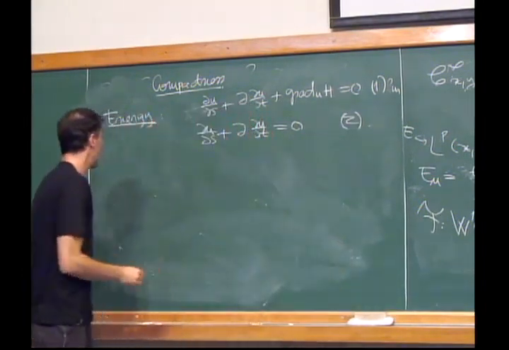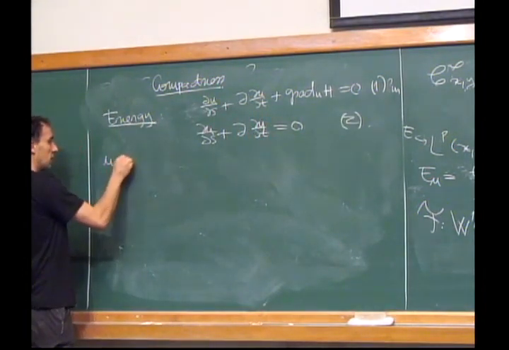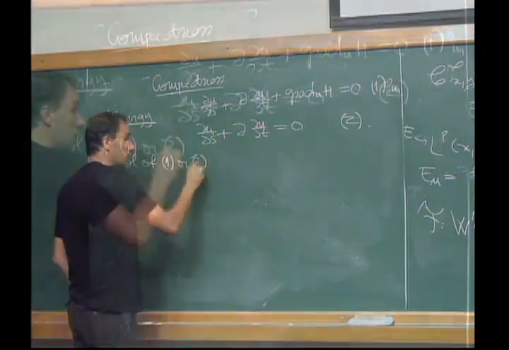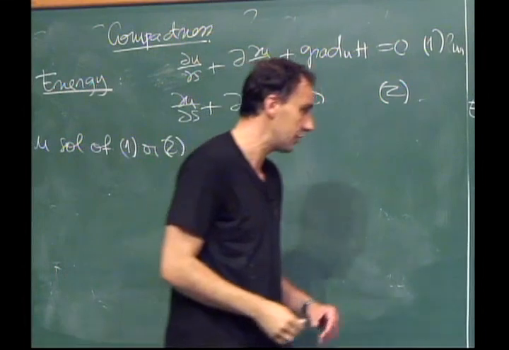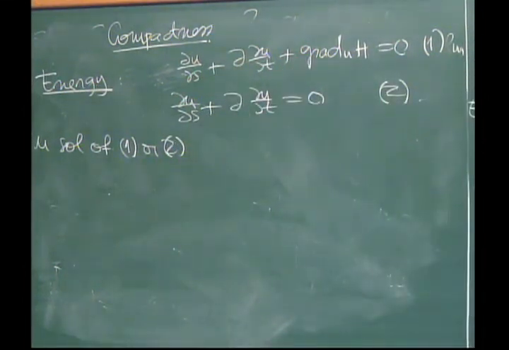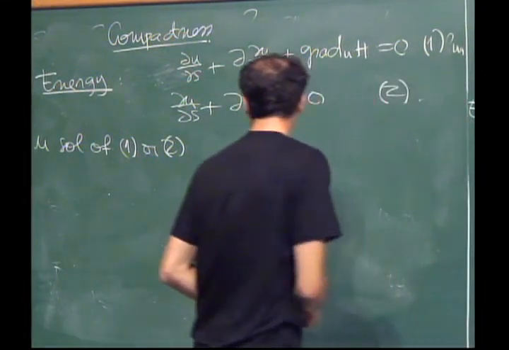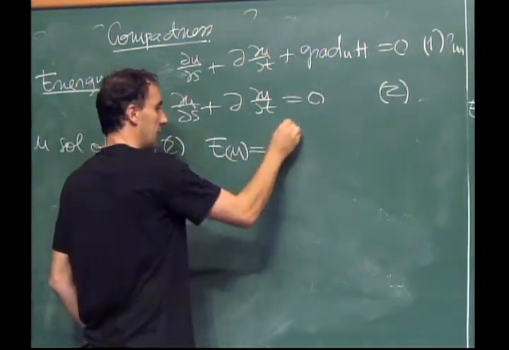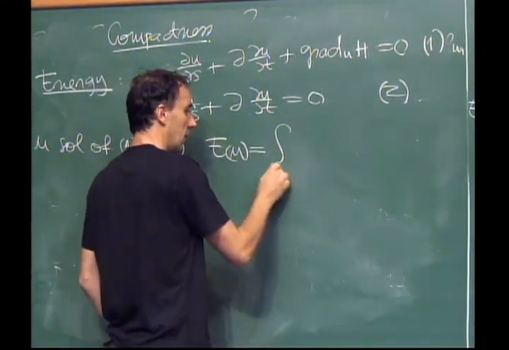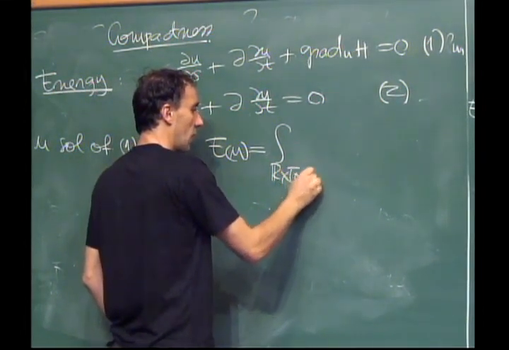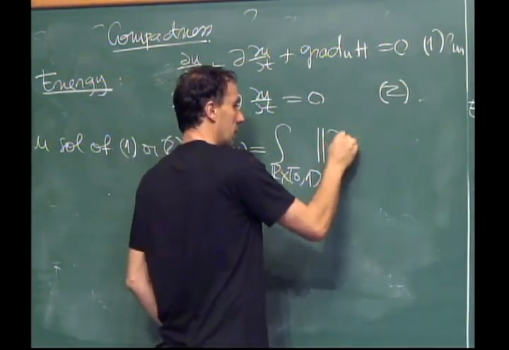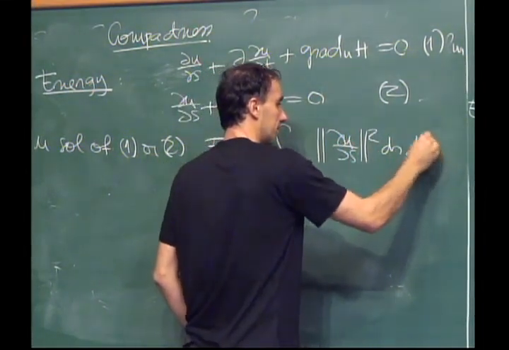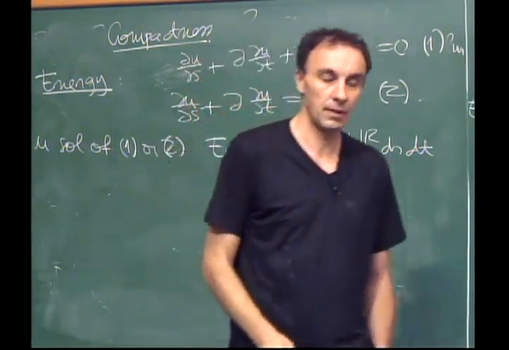For a solution of 1 or 2, we define the energy by the formula: the energy of u is the integral over R times [0,1] of the square norm.